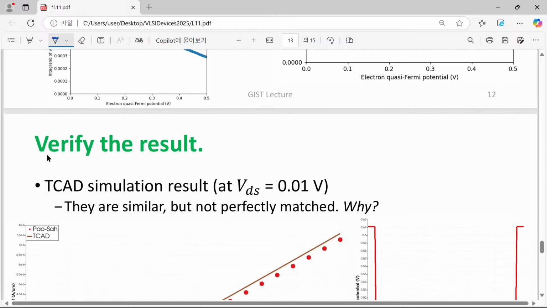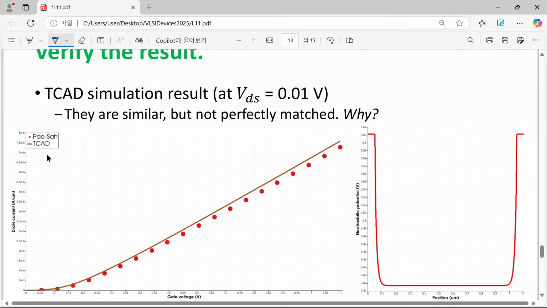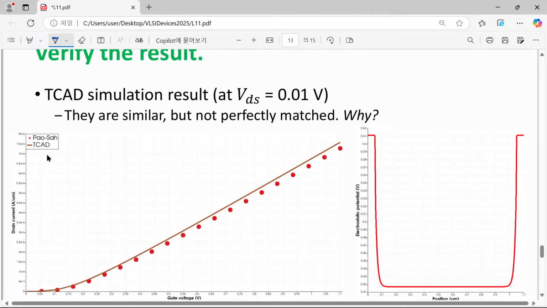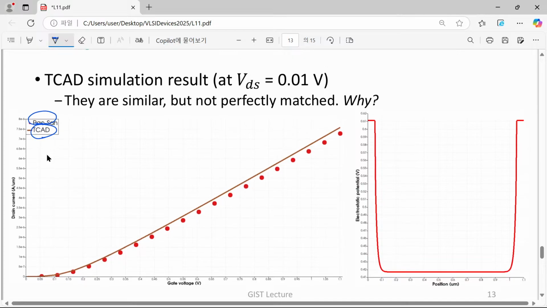Also, I have made a comparison of this Pao-Sah integral result with a more elaborate TCAD simulation, and they show a close resemblance. So this dot is Pao-Sah, and this line is the computer program simulation.